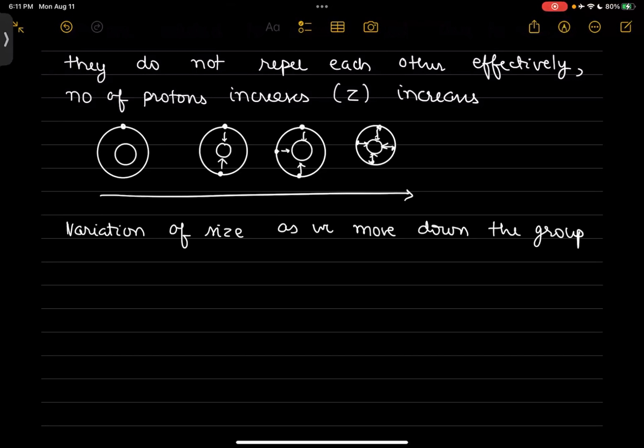Let's say you have lithium: two electrons in 1s and 2s is having a single electron.